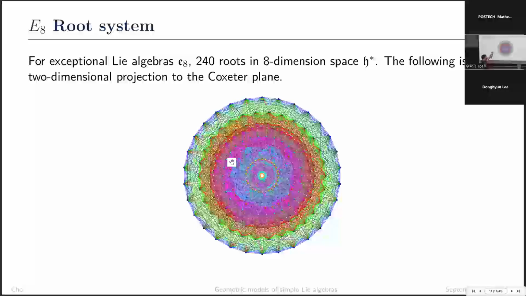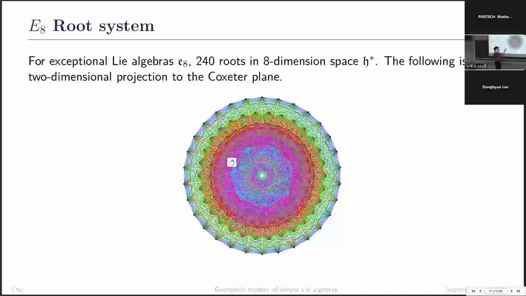So it's 8-dimensional, but there is a very nice 2-dimensional subspace called the Coxeter plane. This is where the Coxeter element acts as a kind of elementary rotation in the plane. So anyway, there is a notion of the Coxeter plane.